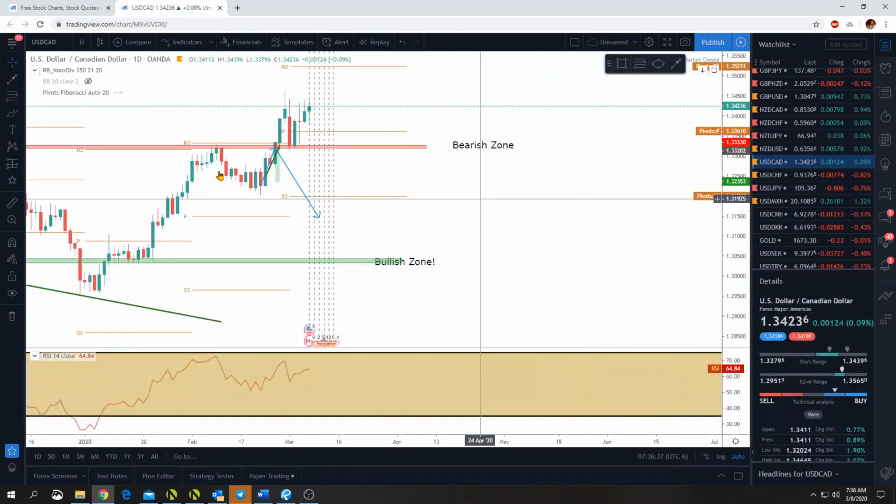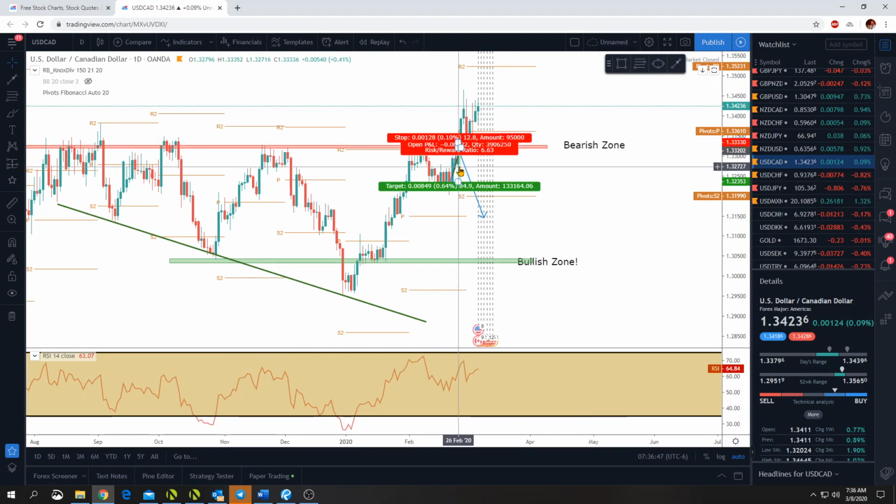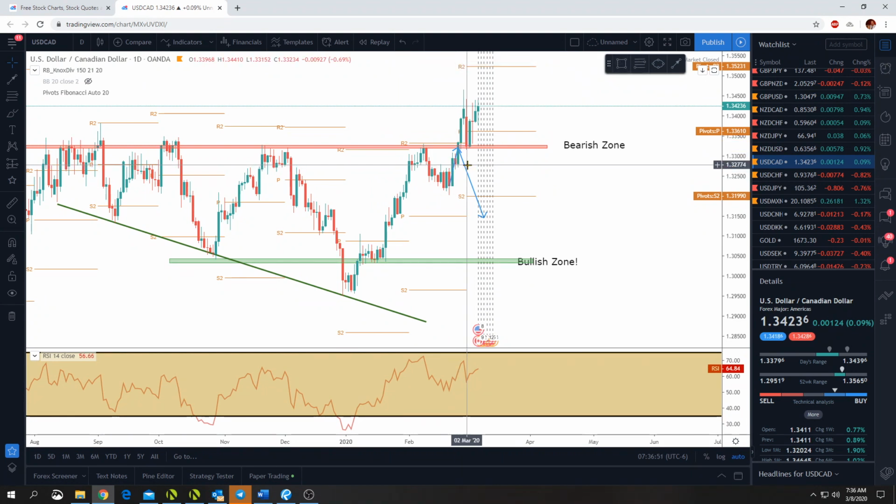USD CAD. All right, our northern neighbors here. So we broke resistance. We retested it. And now it's to the moon. I was way wrong on my prediction here, even though I did make profit on that trade.